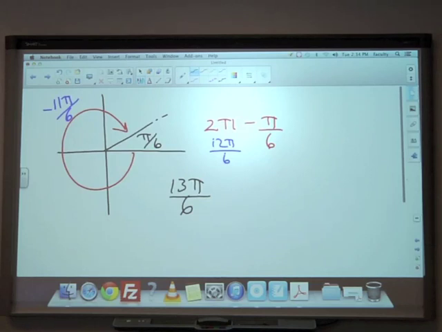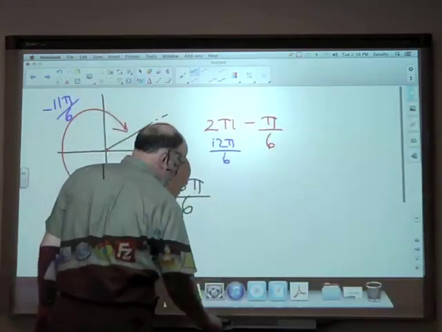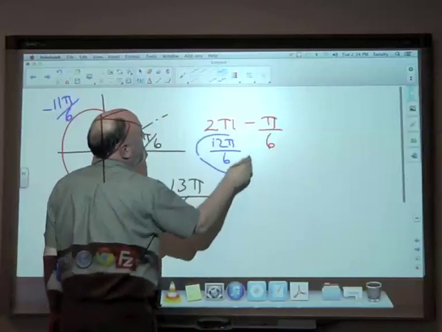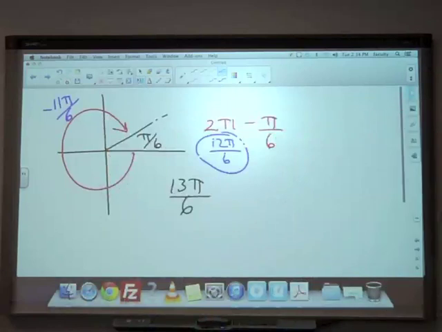Because given that my denominator was 6, this 2 pi is 12 pi over 6. So all I gotta do is add multiples of that. My next one is 13 pi over 6. What's the next one after that? 25 pi over 6.